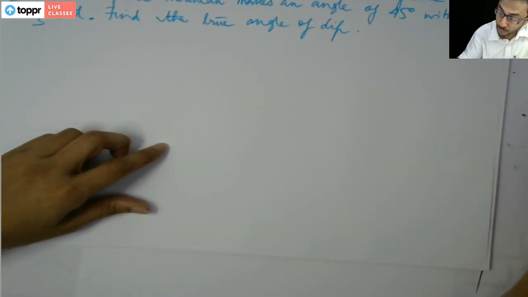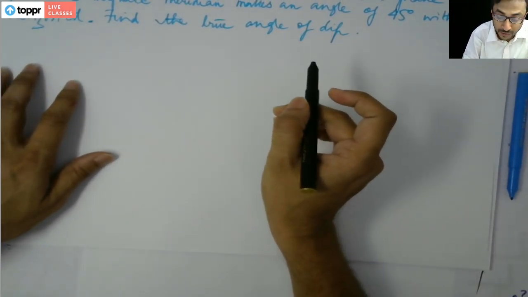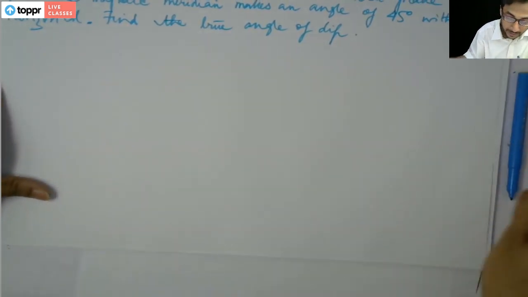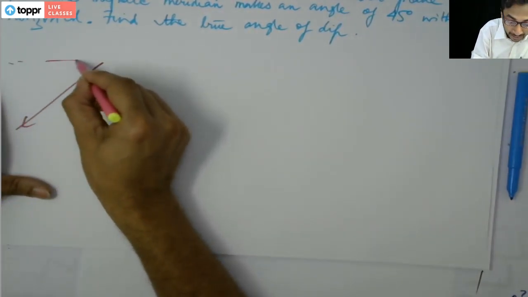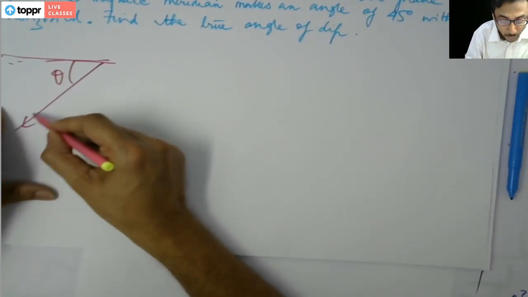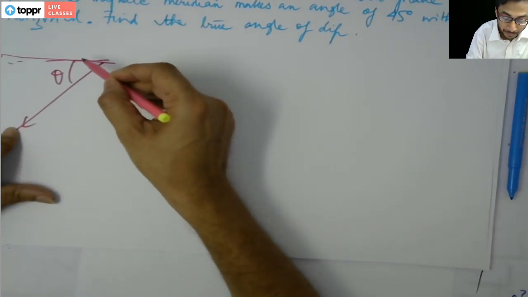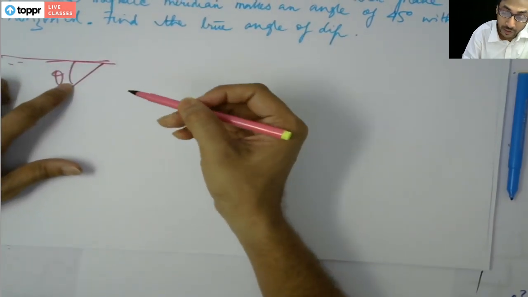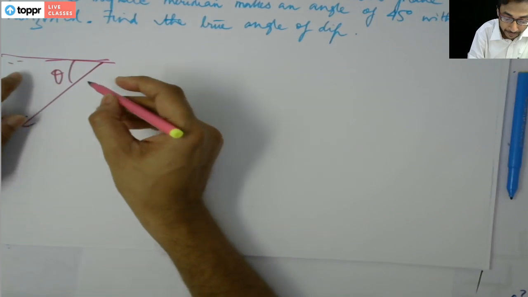Very interesting topic, you know, angle of dip, angle of declination, and horizontal component of Earth's magnetic field. As a revision, if this is the Earth's magnetic field, what is angle of dip? Angle of dip is nothing but the angle which the magnetic needle is making with the horizontal. This is angle of dip.